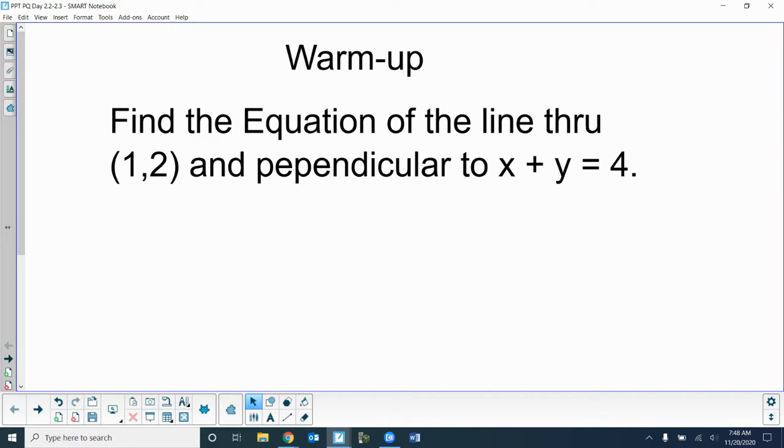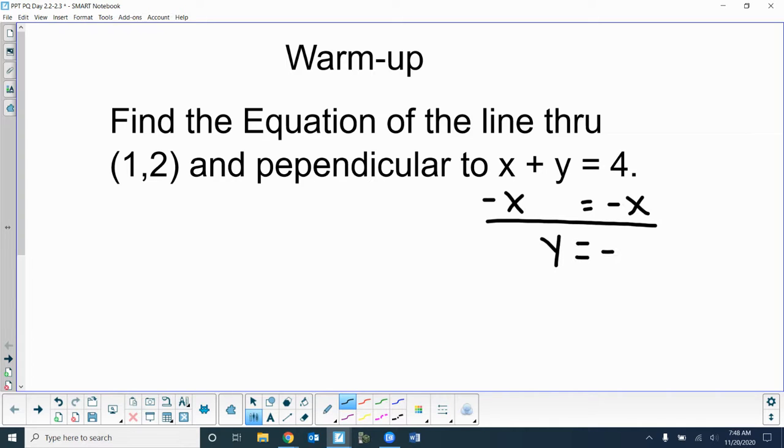Yeah, bring the x over so we know the slope of this line. What's the slope of this line? -1. Okay? So what's the slope of the line I'm going to find? +1, right? The opposite reciprocal.